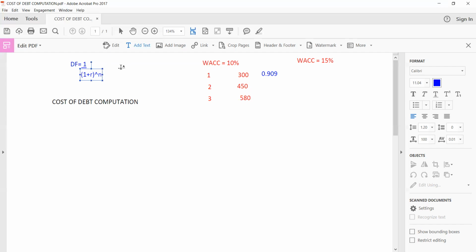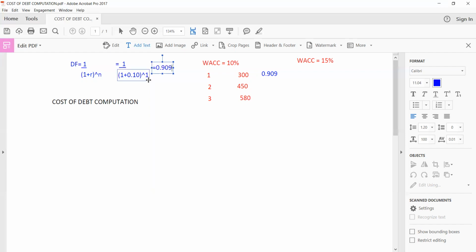So if I slot in here R to be 10%, not just 10, but 10%, then thereafter the denominator is the next bit to look at. I'll say 1 plus 10%, meaning 0.10, bracket close, to the power 1. Doing this will give me what value?